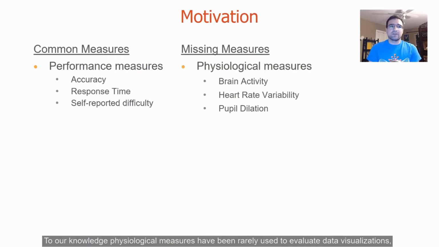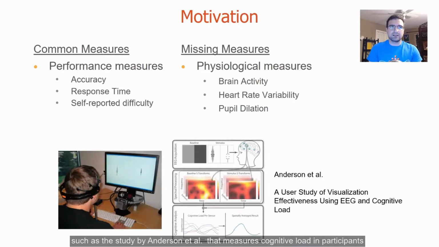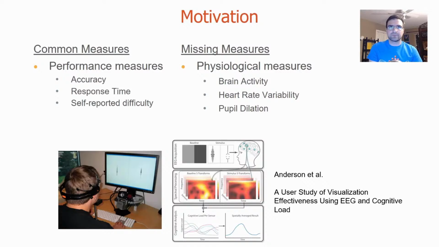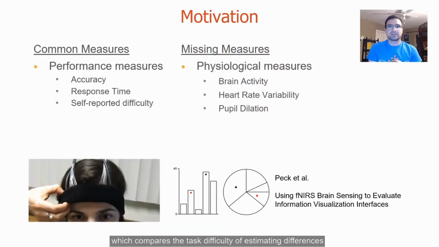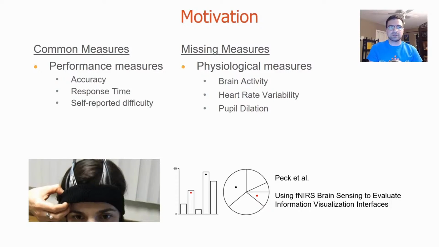To our knowledge, physiological measures have been rarely used to evaluate data visualizations, such as the study by Anderson et al. that measures cognitive load in participants when identifying the larger interquartile range on different types of box plots. Another example is the study conducted by Peck et al., which compares the task difficulty of estimating differences between 2 highlighted sections in bar charts versus pie charts.